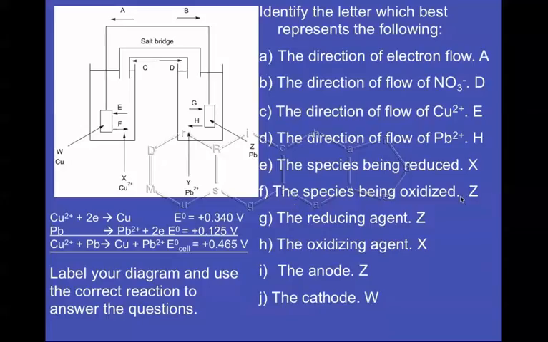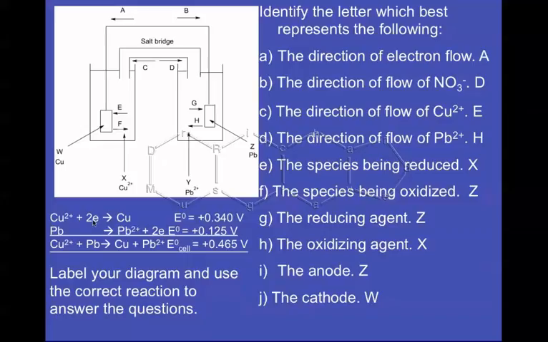The species being oxidized, well, the one being oxidized is the one that is gaining charge. So it's going from 0 to plus 2. So the Pb is actually being oxidized, and that's Z. Here's the other way of looking at it for reduced and oxidized. Species that are being reduced are accepting electrons. If they're accepting electrons, electrons will be on the reactant side.